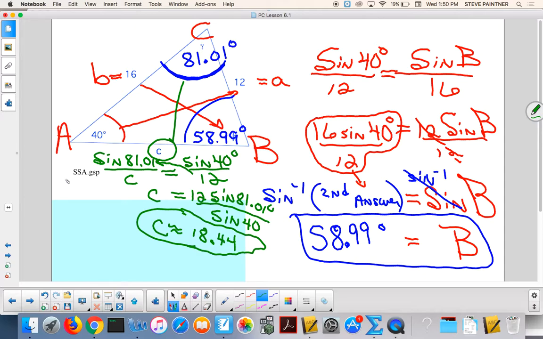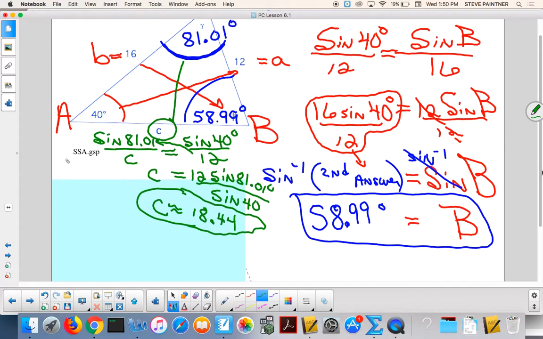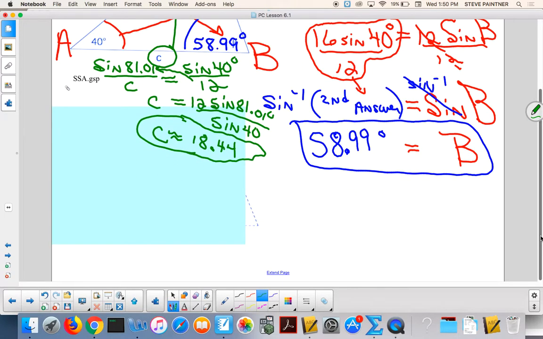Okay? But do you guys remember this? Is there really a second triangle? Well, we got to think about this. If there's a second triangle, what was the given? 40 degrees. That was given. We're claiming there's another triangle that has a 121.01. Is there enough room for a third?